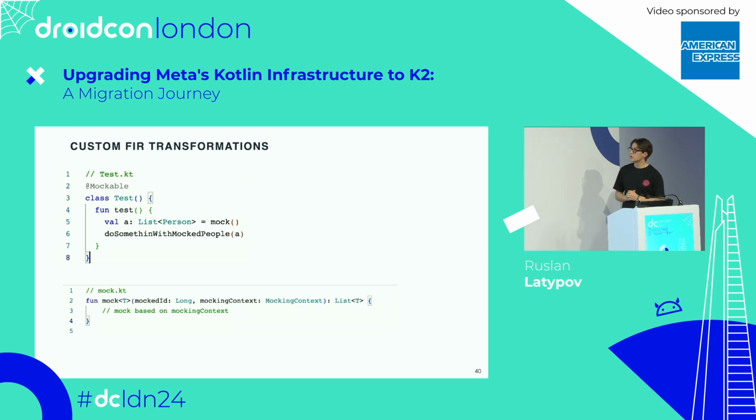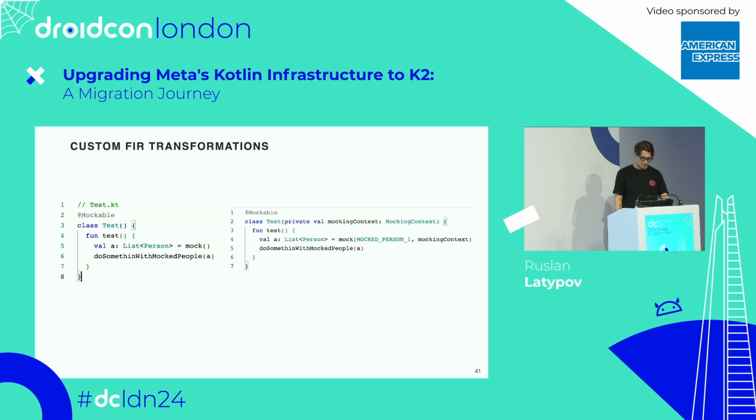So we generate source code in Kotlin symbol processor, and we insert the references to generated types in an FIR transformer.